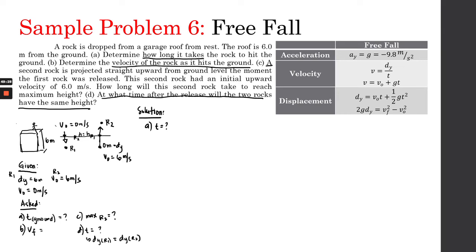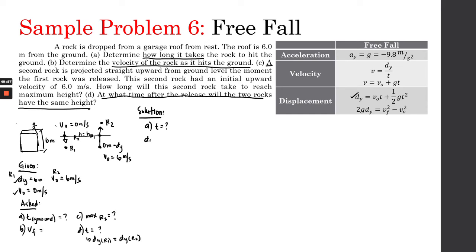The distance from the rooftop to the ground is 6 meters. So we have dy. We also have initial velocity. So from the equation that we have, it is simply easy to identify that this is the equation that we have to use. Okay, and that is simply because we have all the information that we need.